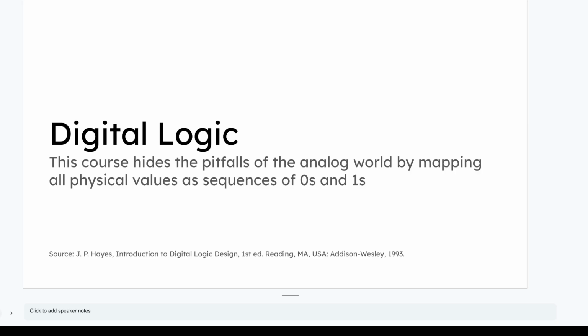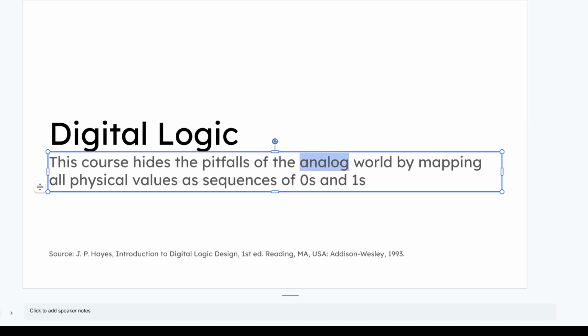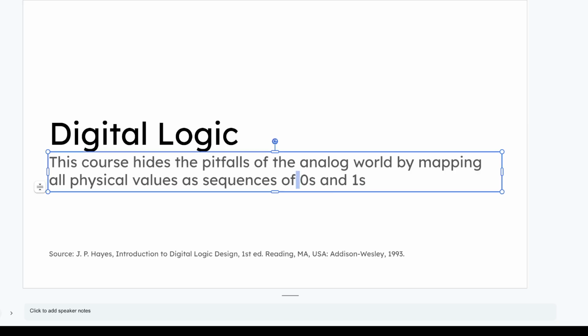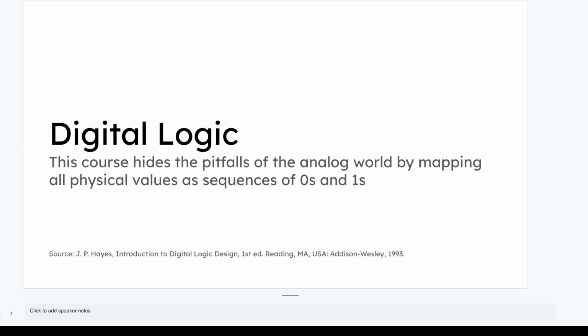Those errors are approximated by mapping all physical values as sequences of zeros and ones. These zeros are the abstractions of low voltages and these ones are the abstractions of high voltages, or it can be vice versa as well, according to the positive logic system or negative logic system, right? So the electrical voltage levels are abstracted as zeros and ones. That is the primary idea of digital logic.